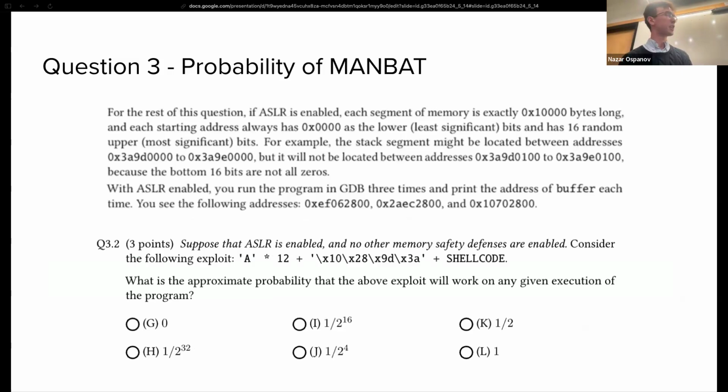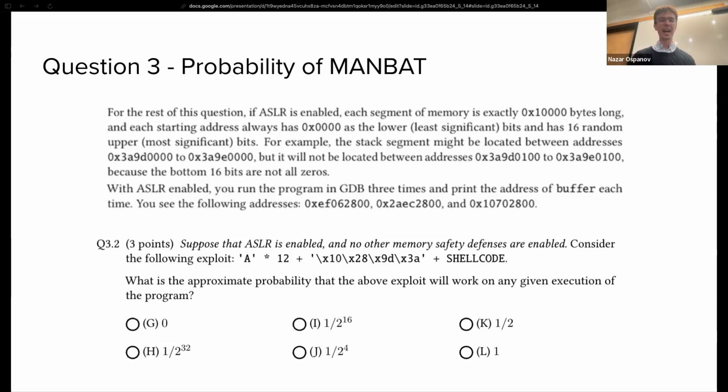So now for the next question. For the rest of the question, if ASLR is enabled, each segment of memory is exactly 0x10000 bytes long. And each starting address always has 0000 as the lower or least significant bits and has 16 random upper or most significant bits.